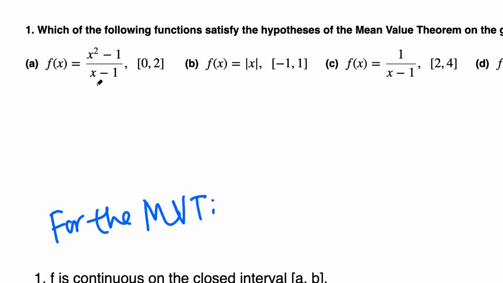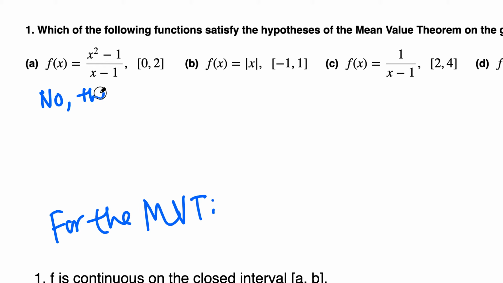So this function is continuous everywhere except at 1. And unfortunately, 1 is inside [0, 2]. That means this function is not continuous here, because at 1 we are dividing by 0. So no.